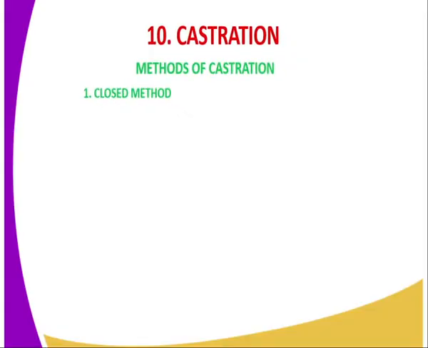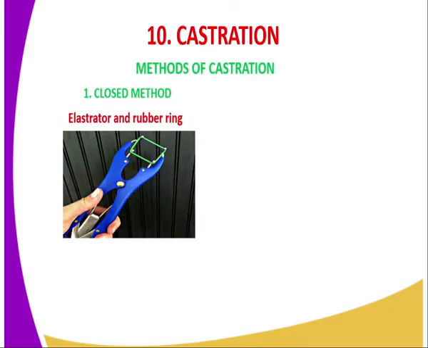Then we have castration. There are several methods which we normally use. The first one, we have the closed method. In the closed method, there is internal bleeding, and therefore you cannot see the blood externally. And in the closed method, we normally use an elastrator and rubber rings.